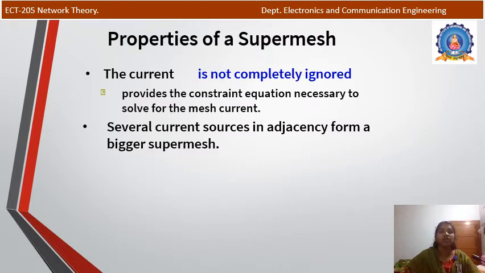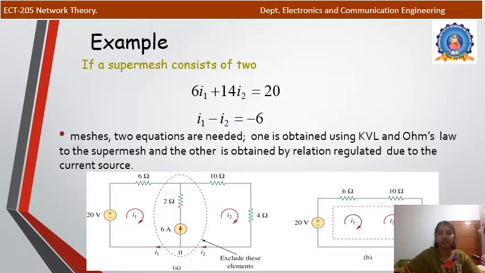And before that, the properties of super mesh are: the current source is not completely ignored. It provides the constraint equation necessary to solve the mesh currents. When we are taking the super mesh, we will exclude the current source, but it is not completely ignored. Several current sources in adjacency form a bigger super mesh. So those are the properties of super mesh.